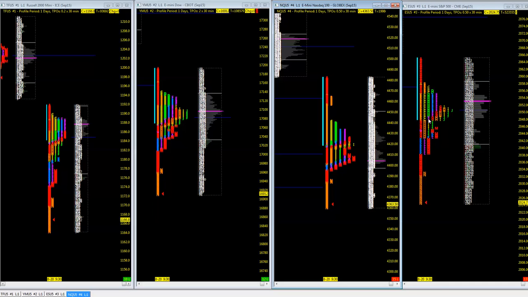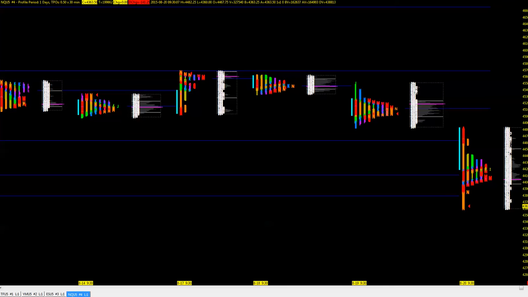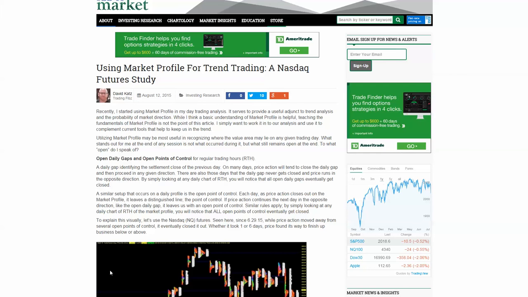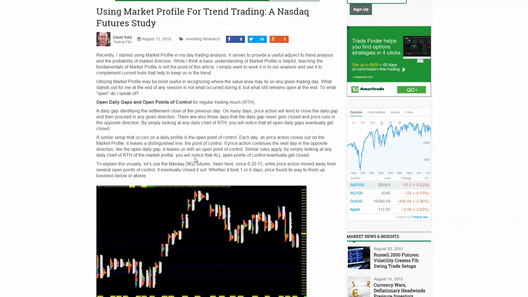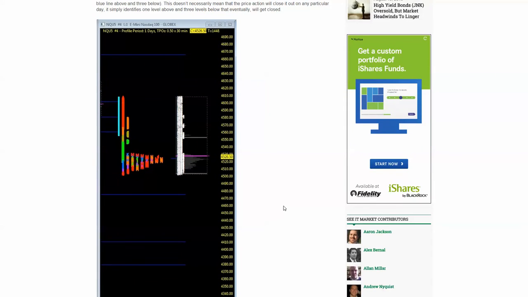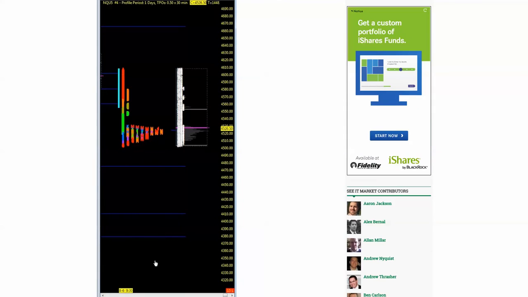And what I actually want to point out in the NQ here for a moment, let's look at the NQ market profile as we see price action closing out three former points of control. And if any of you caught one of my recent articles here at seeitmarket.com, I had posted the fact that on a market profile, what I was paying attention to is the fact that just this was back on August 6th.